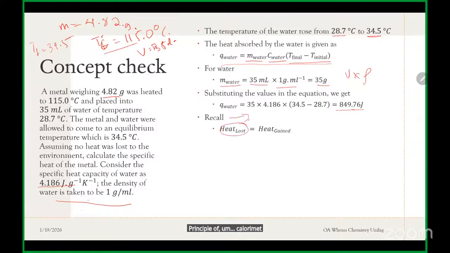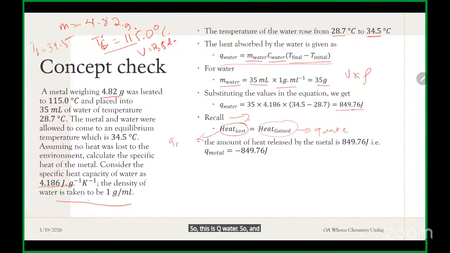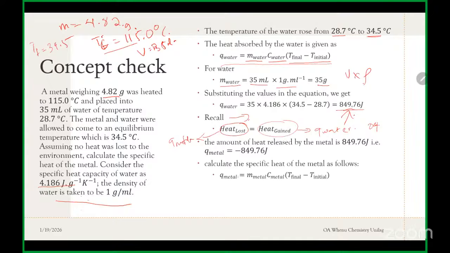Principle of calorimetry, heat lost is equal to heat gained. So this is Q water, and that will be Q metal. And we have calculated Q water to be 849. So let's calculate the specific heat capacity of the metal then. It will be equal in magnitude, opposite in sign to that of water.